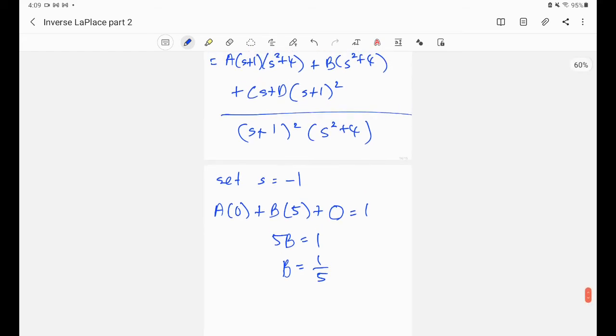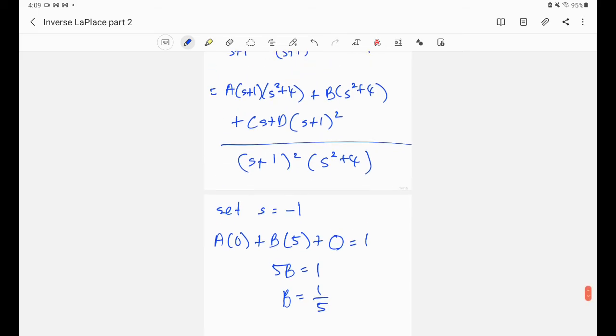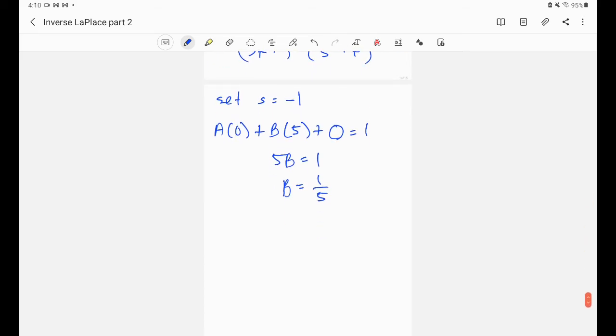Now that we have B equals to 1 over 5, we cannot use s as minus 4 because it's a square root, squared. So we need to expand what we have just now to find the rest.